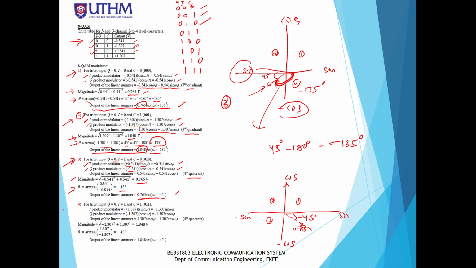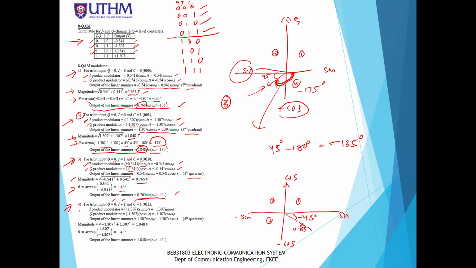For the fourth input, which is 0 0 1 1, that means Q0, I1, C1, C bit equal to 1.